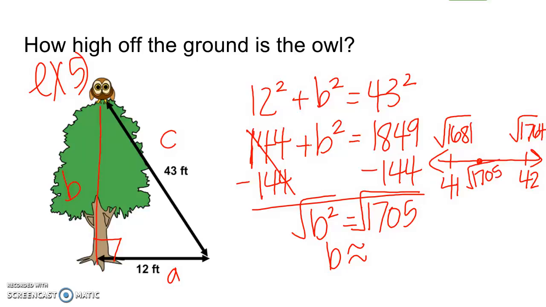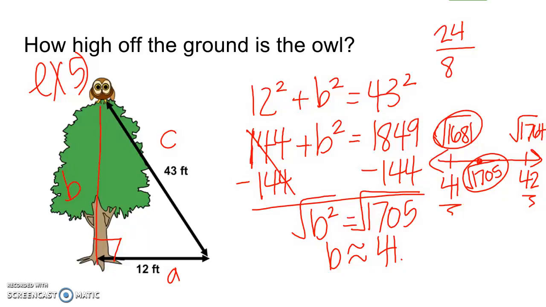All right, our process to get the decimal: first of all, I know it's going to be 41 point something because it's between 41 and 42. Then I subtract 1,705 minus 1,681. Let's see, that would be 24. And then I subtract 1,764 minus 1,681. That's 83. So when I divide 24 divided by 83, I'm going to have to put a decimal and a 0.